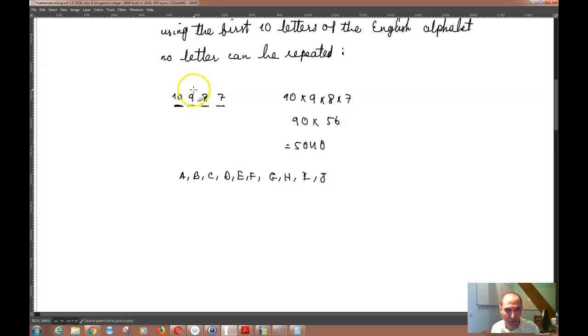Then again for the third placeholder, you need to exclude the two letters that you have used over here, and put another, basically 8 of them here, and so on and so forth. And in the same way you will get 5040 codes here.